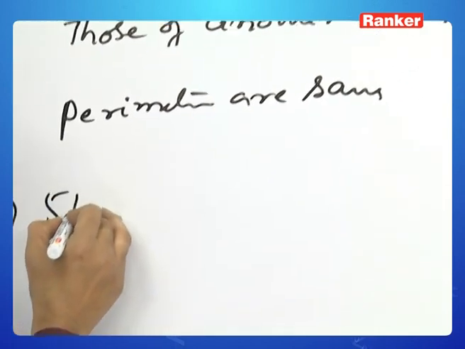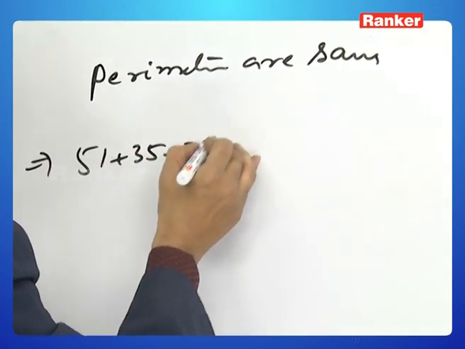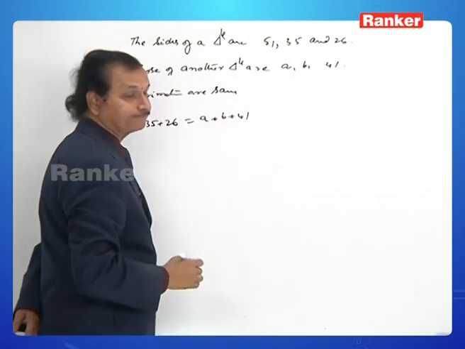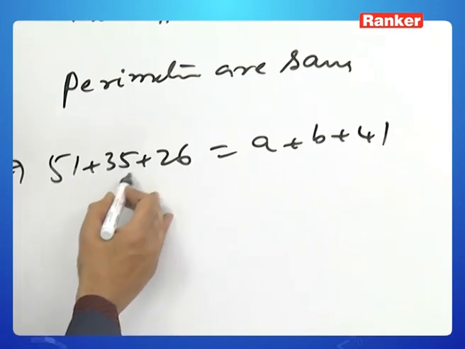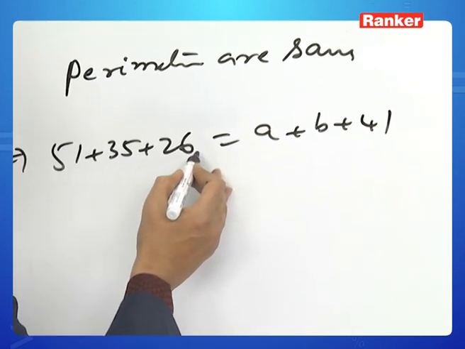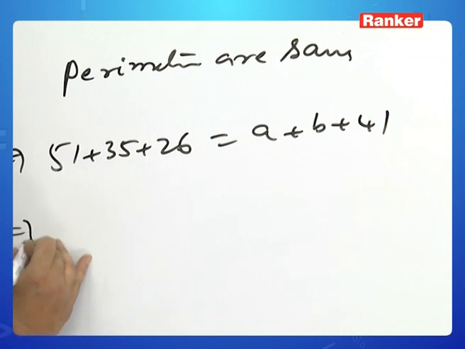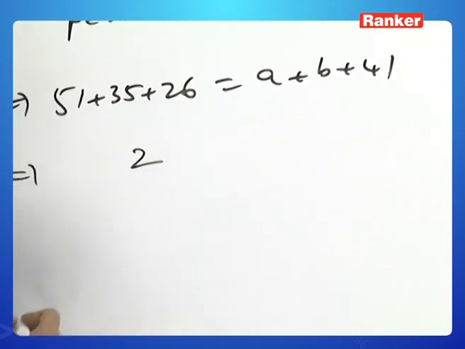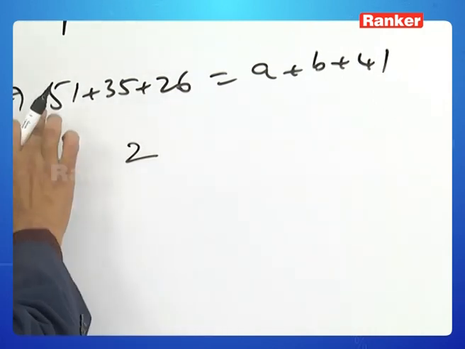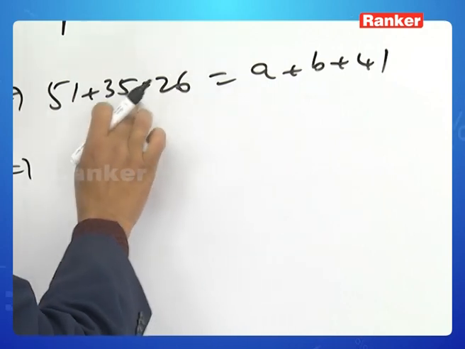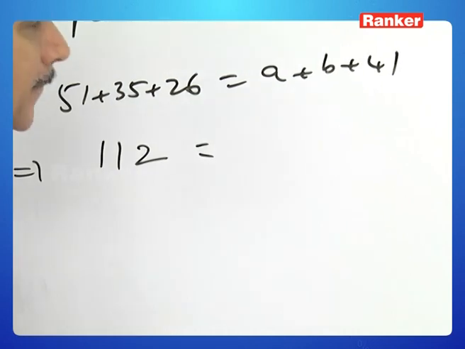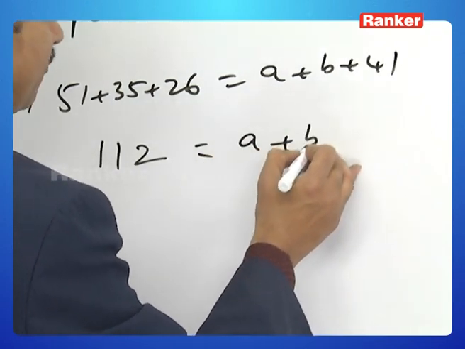This implies 51 plus 35 plus 26 is equal to A plus B plus 41. 51 plus 35 plus 26: how much? 50 plus 30 is 80, 80 plus 20 is 100, 6 plus 5 is 11, plus 1 is 12. So 112 is equal to A plus B plus 41.